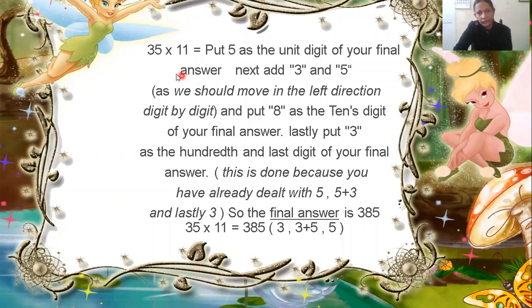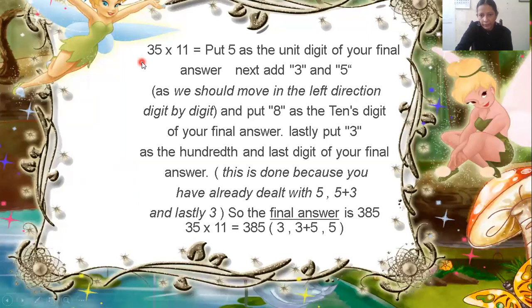Now you have to see what are the first two terms here. The 3 and 5 are two terms here, so you have to do the splitting of 3 and 5. When you split this 3 and 5, you will write down this 3 here, and you can see this 5 is here. Now the next step is to add this 3 plus 5.